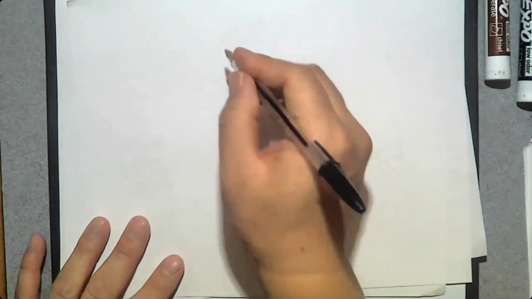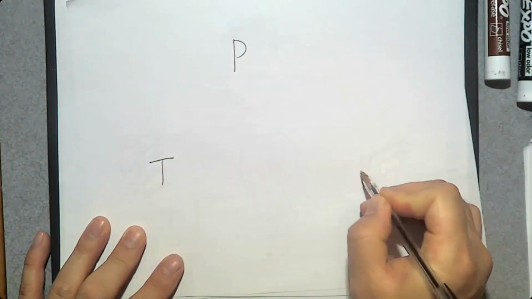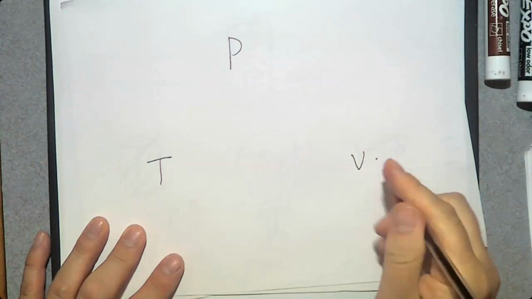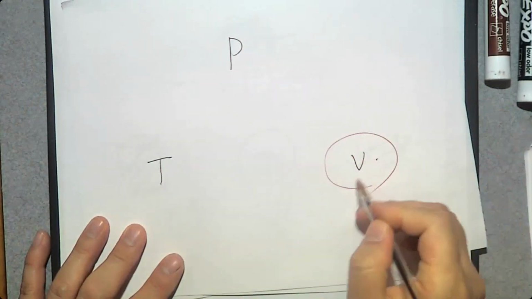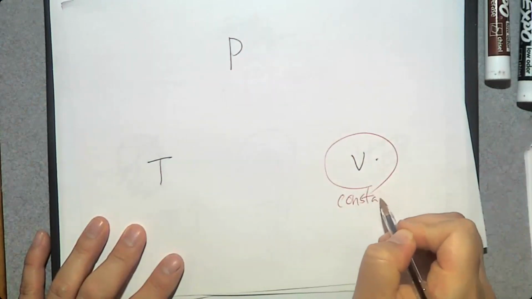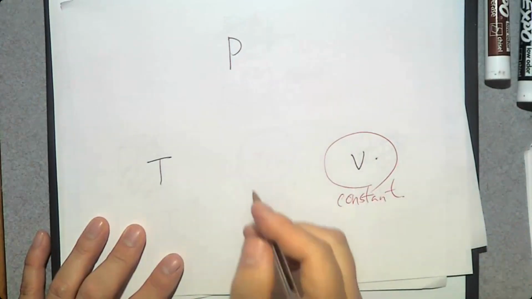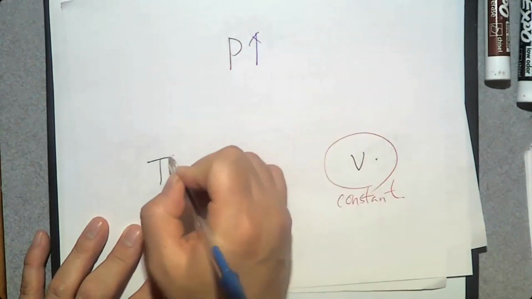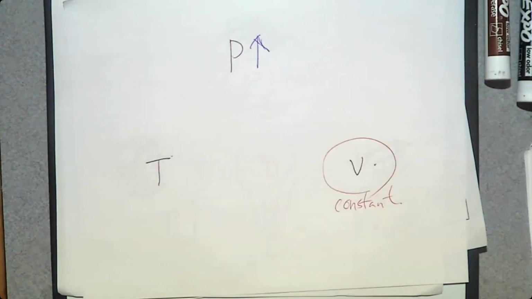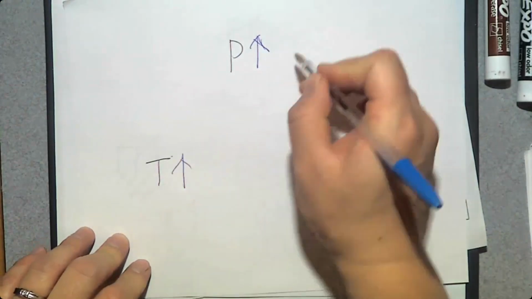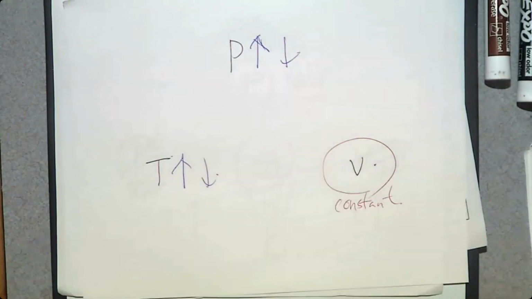And the last one is the constant volume process. Now, if volume is constant, then we can understand what happens to the temperature when pressure goes up. When pressure goes up, temperature goes up. When pressure goes down, temperature goes down.